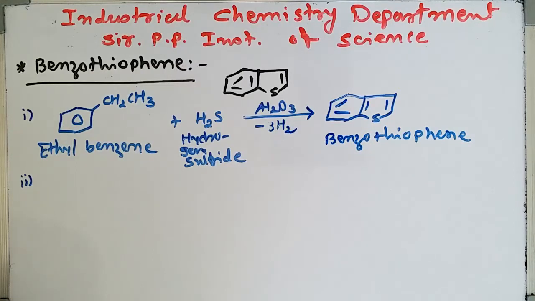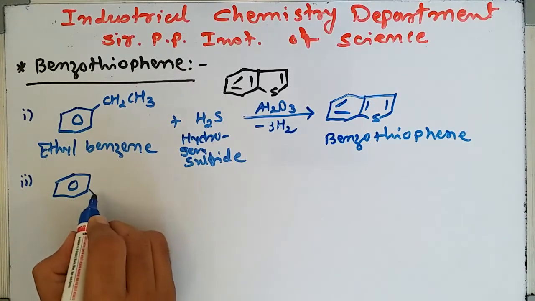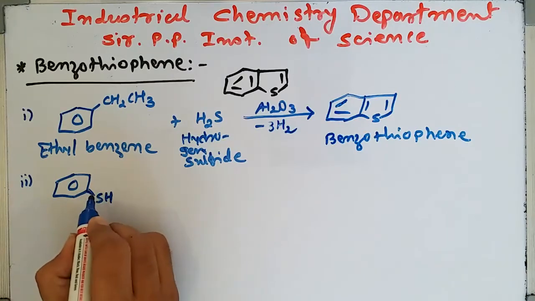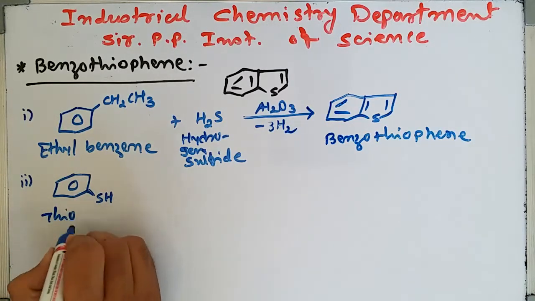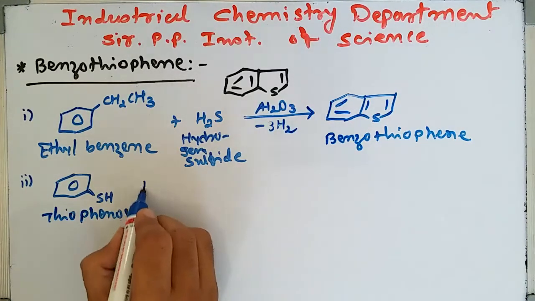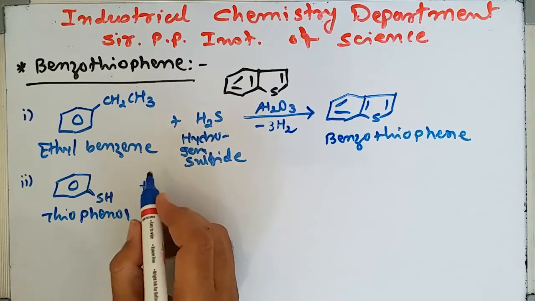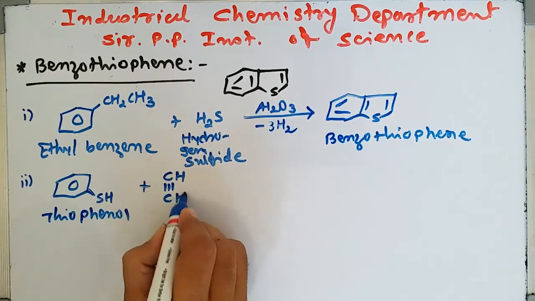Benzothiophene is prepared from thiophenol. We have a structure: the benzene ring contains SH at first position. It is known as thiophenol. So, thiophenol is treated with acetylene, CH triple bond CH.